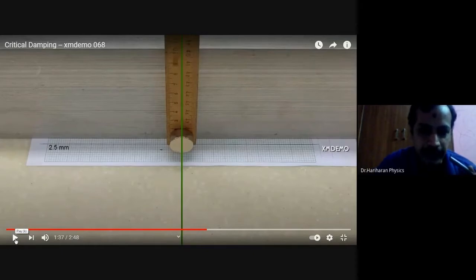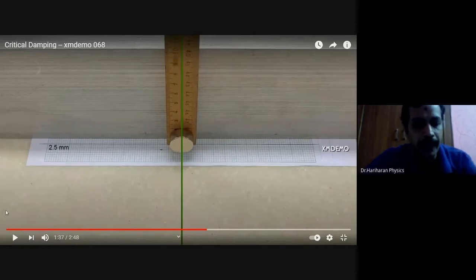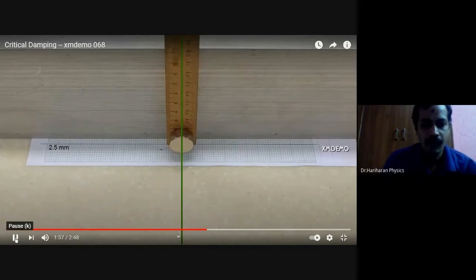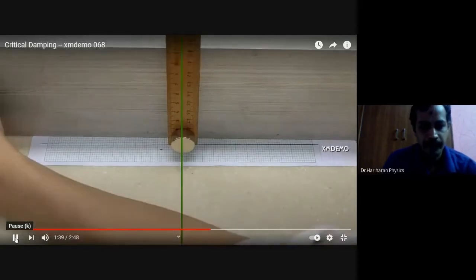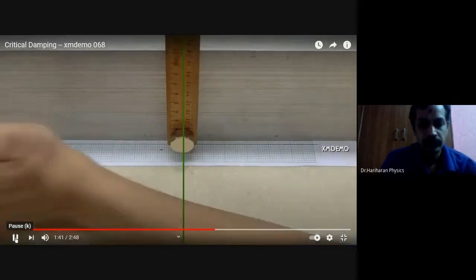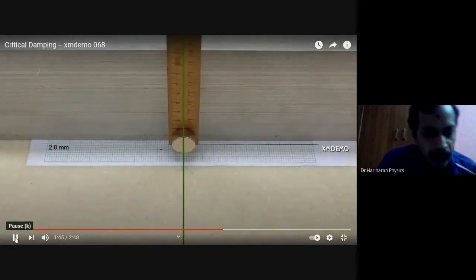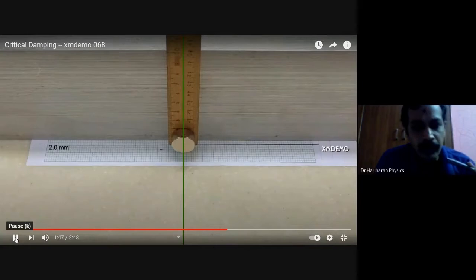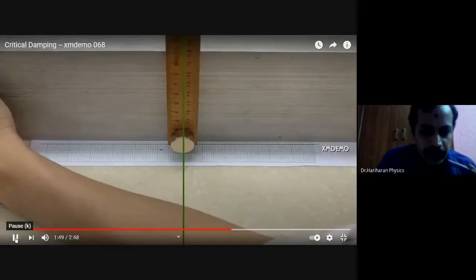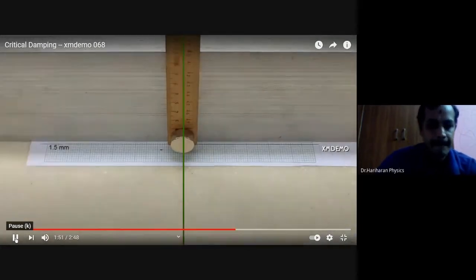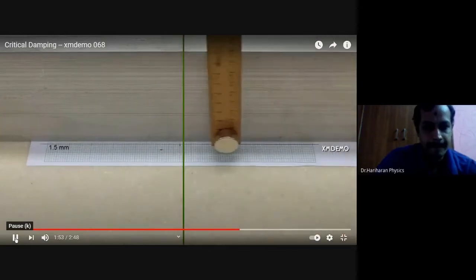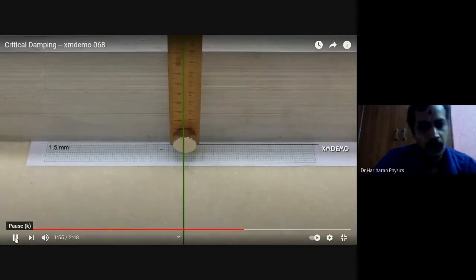It just came back. That is what we call critical damping. Look here, the body came back to rest without doing any oscillation. No oscillations.